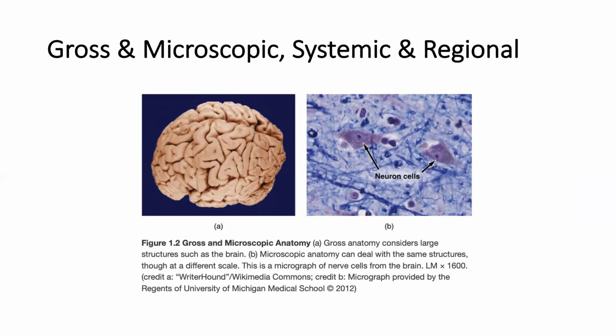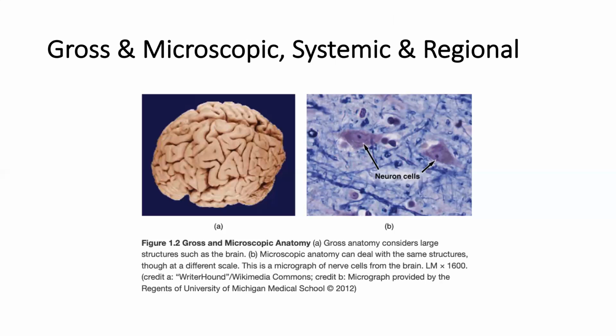Some anatomists want to describe anatomy as systemic. For example, if we study the cardiovascular system, cardio means heart and vascular means blood vessel, that makes systemic anatomy. But if we are going to dissect through the chest wall and the thoracic region, in our thorax, in our chest, we have the heart and lungs.